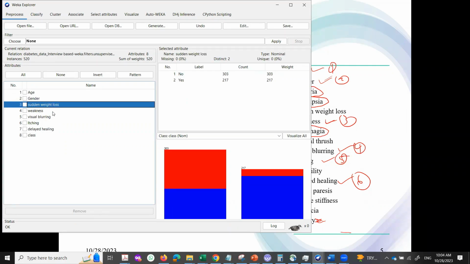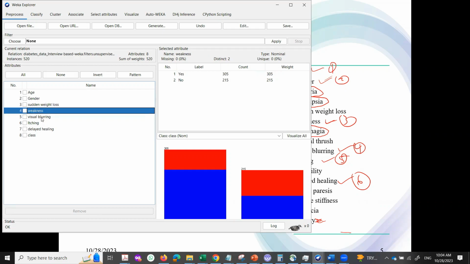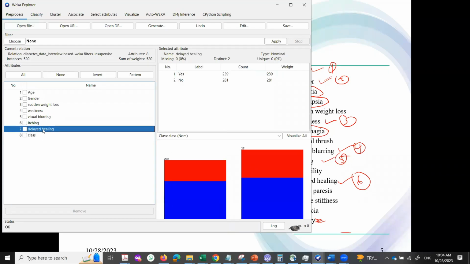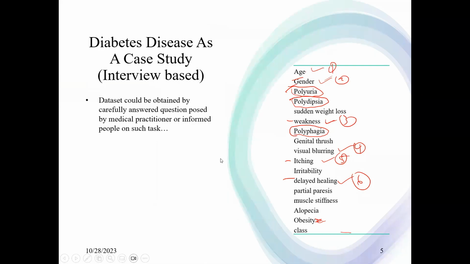And then sudden weight loss. Do you experience sudden weight loss? Is there weakness? Do you experience visual blurring? Do you have itching or delay healing? Depending on the area you are actually carrying out this modeling. So in a similar way, you have to always look at it clearly in your own case.